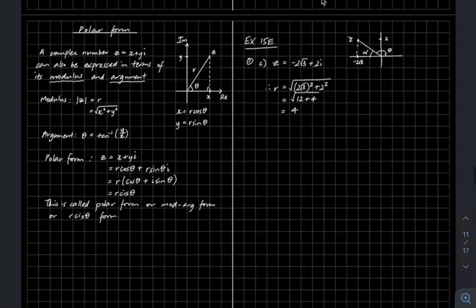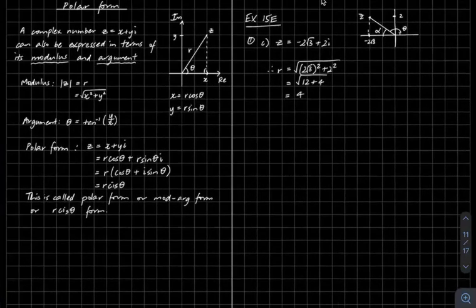And then we could also say alpha is equal to the inverse tan of 2 over 2 root 3, so that's the y component over the x component. I'm not worrying about whether they're positive or negative.